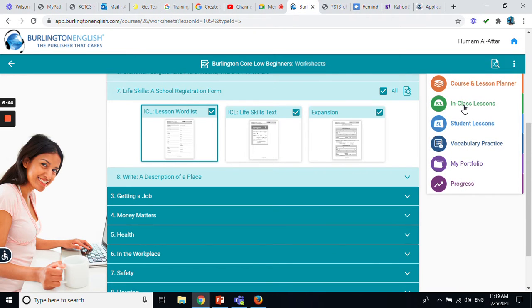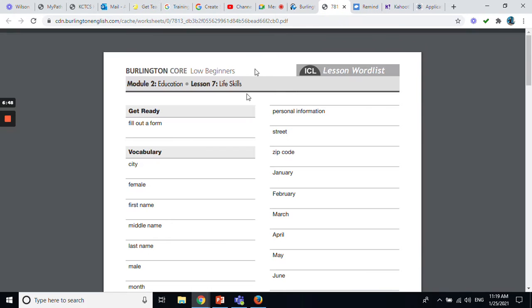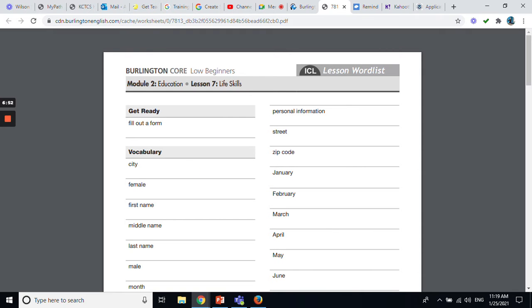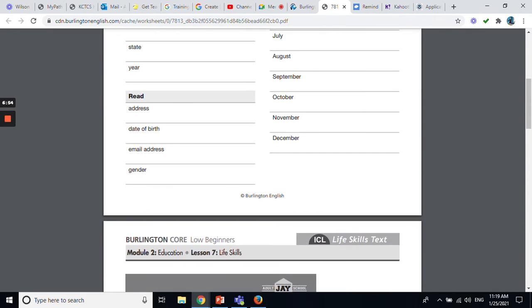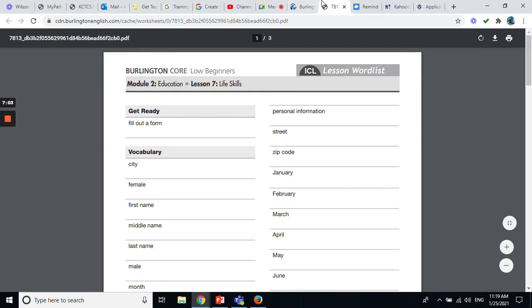Let me go back to class lessons. There we go. So in your packet, you will find these words on this page: Module 2, Education, Lesson 7, Life Skills. You'll find all of these words.